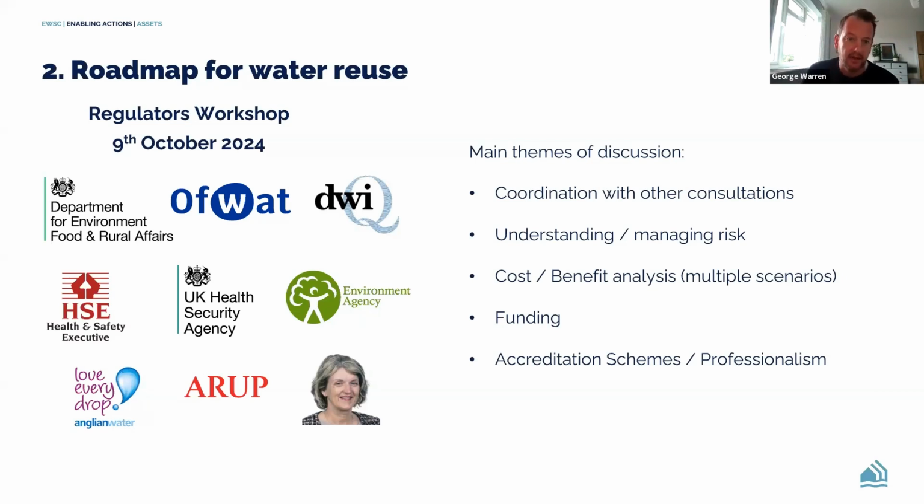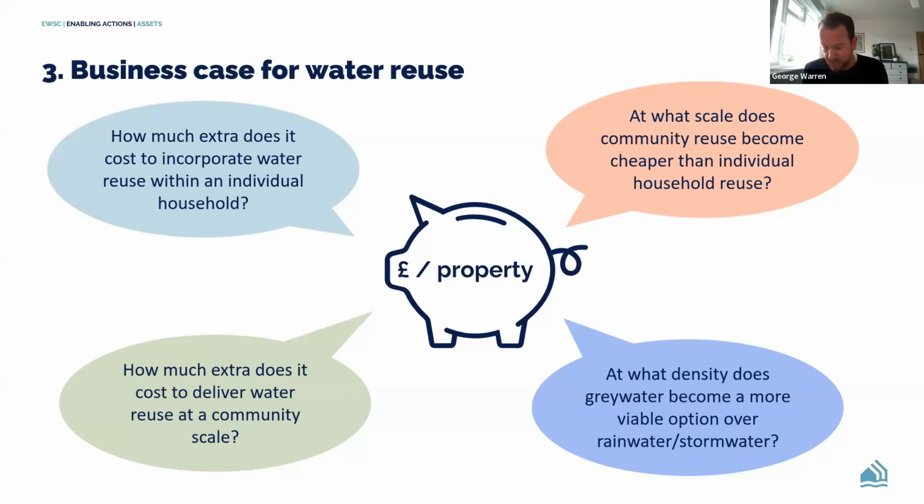Okay, now we start talking about the business case for water reuse. I think the majority of people involved in the reuse sector, or even looking at this from an integrated water management perspective, have some idea as to what an individual household rainwater harvesting device might cost, or even a grey water recycling system.